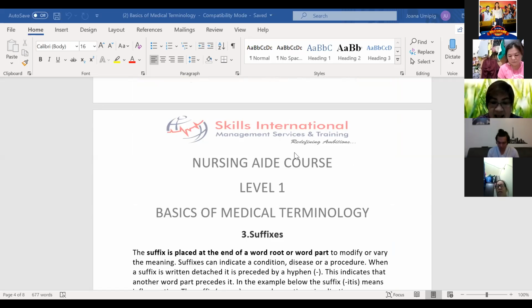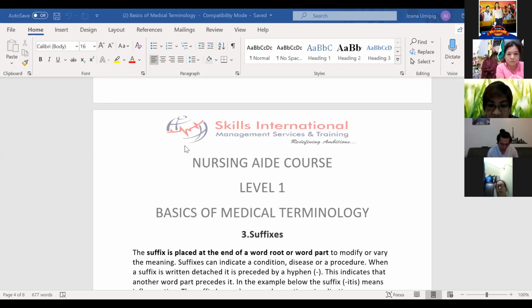Suffixes can indicate a condition, disease, or a procedure. When a suffix is written detached, it is preceded by a hyphen, the same thing with our prefix. There is a hyphen that connects the two parts.